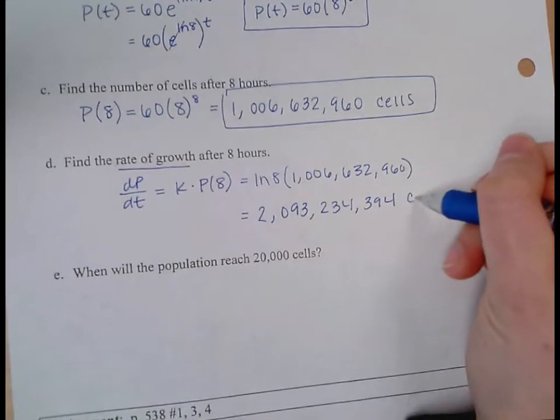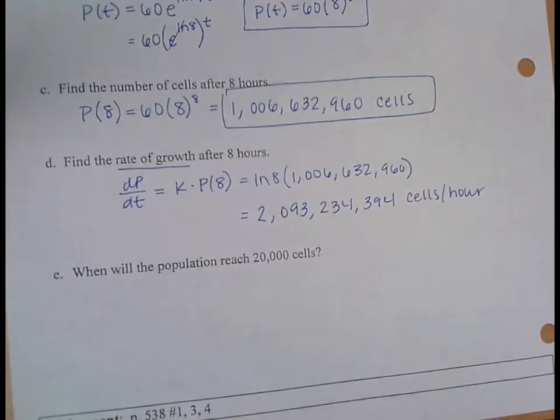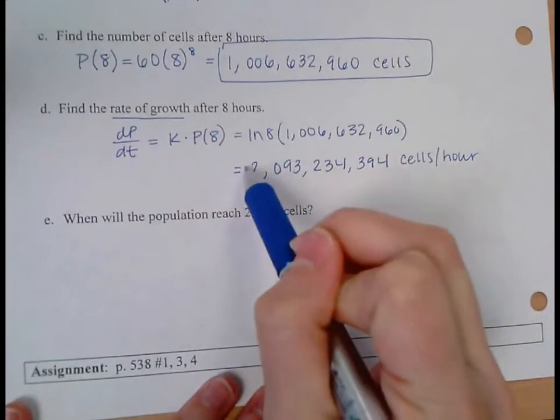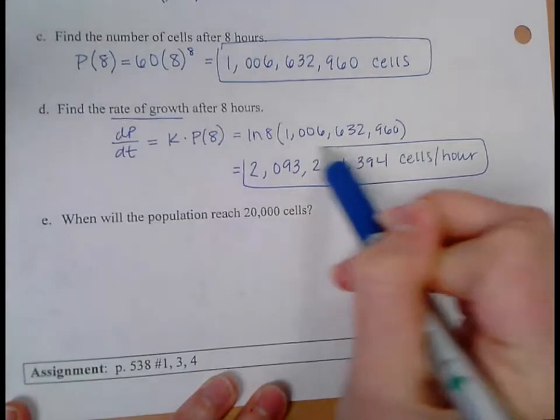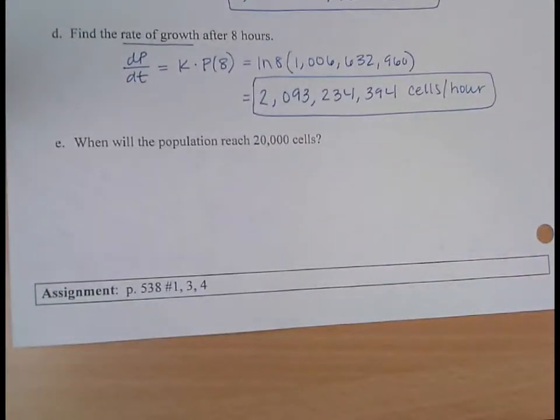Cells per hour. Because t is just measured in hours. As you've seen in AP questions before, understanding units is important. Some questions just ask you for the units. Some free response questions, you get an entire point for having the correct units written down.